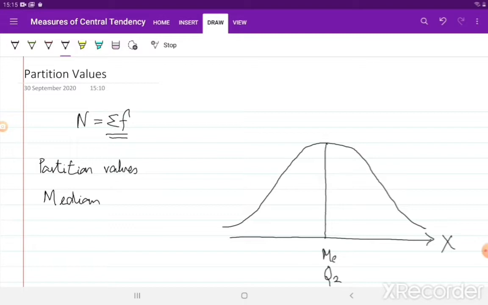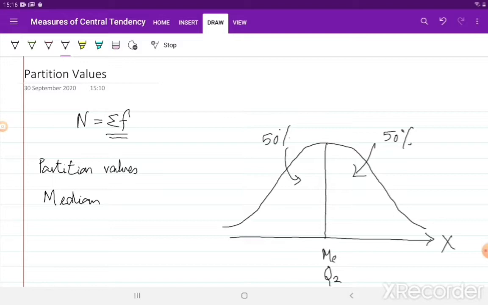This value Q2 is the value which will divide the entire observations of the x variable into two parts, right? So you have 50% of the observations falling to the left of Q2 or the median, and the remaining 50% of your observations fall to the right-hand side.